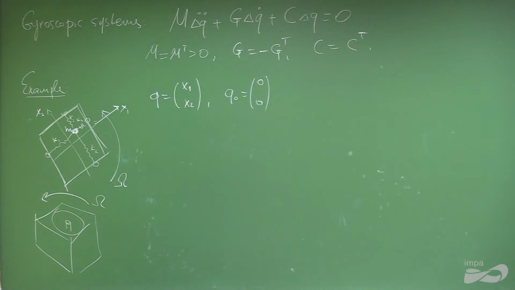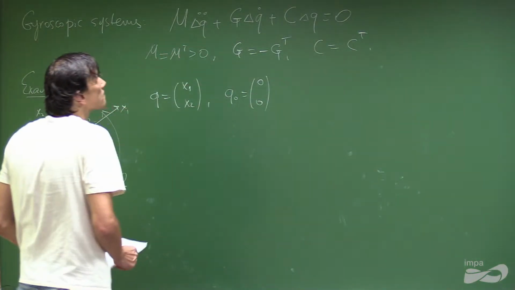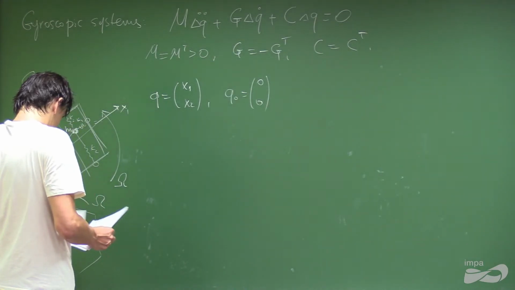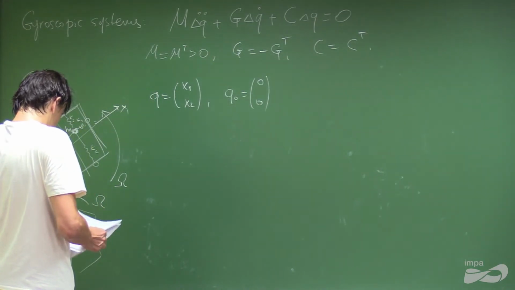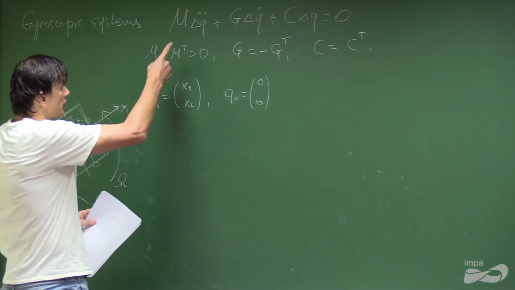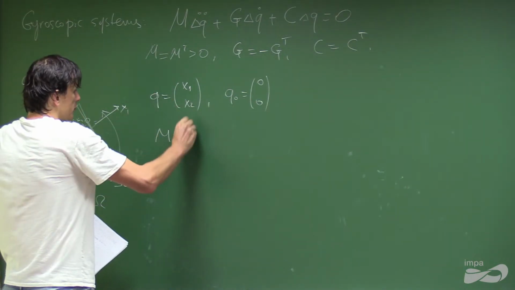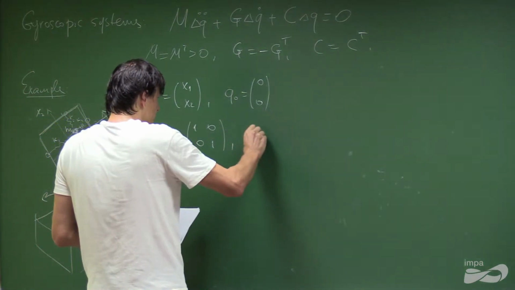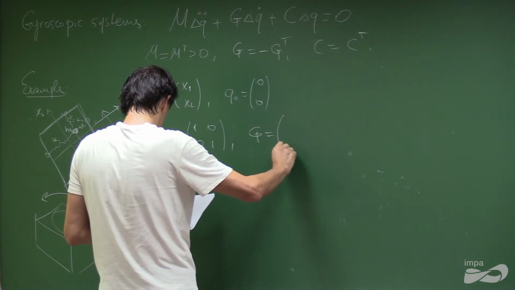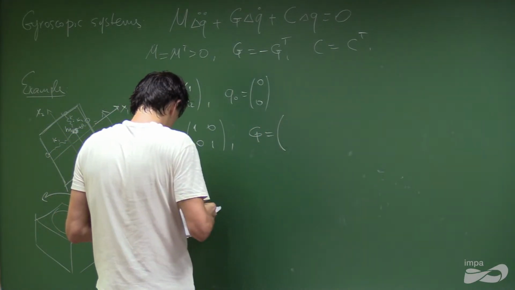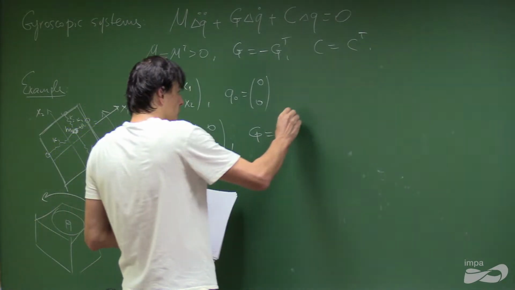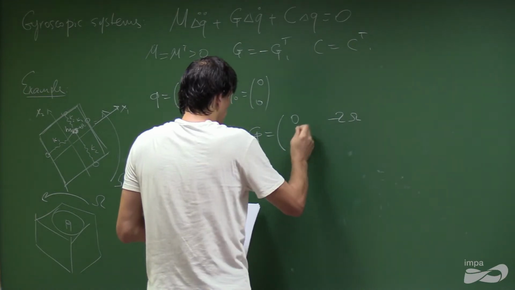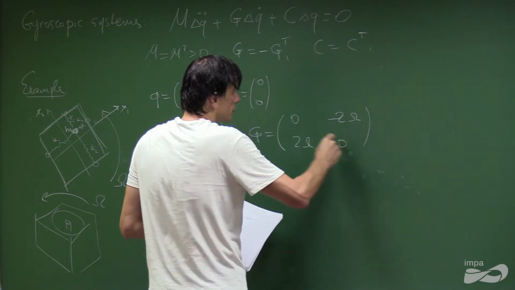In the end we found the following structure. After dividing by m, the mass matrix can be just taken as identity. The G matrix is zero, minus 2 omega, 2 omega, 0, and you see it's antisymmetric, right?